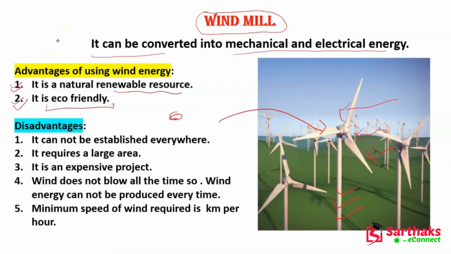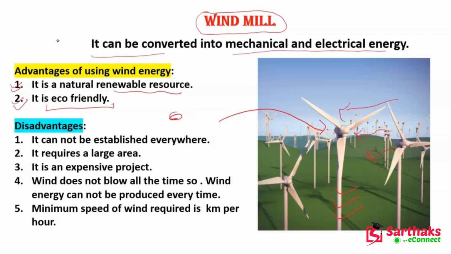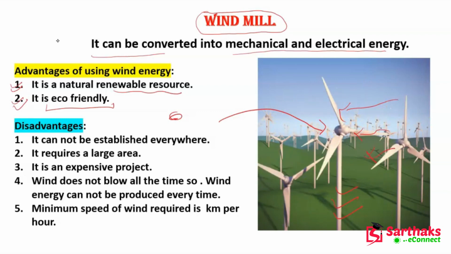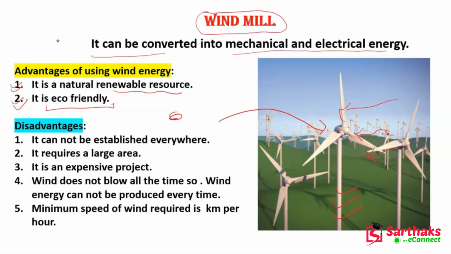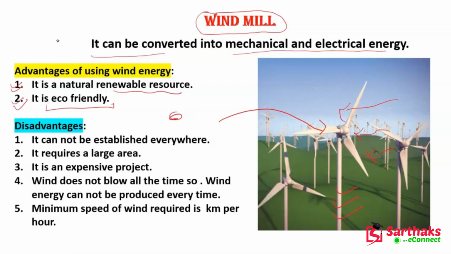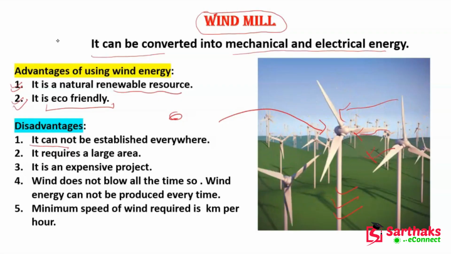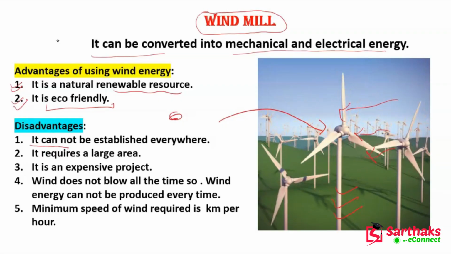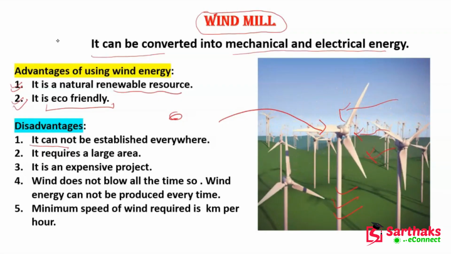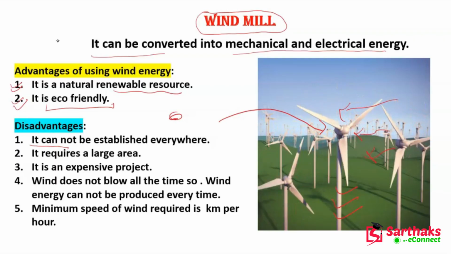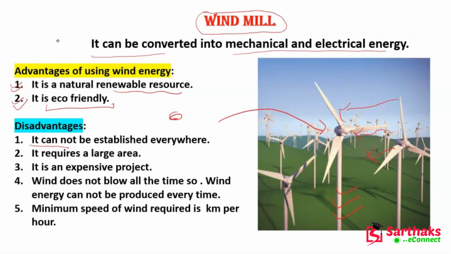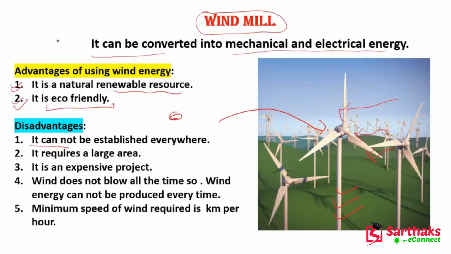Now guys, we will be talking about disadvantages. The first disadvantage is that it cannot be established everywhere, because it requires an area where the wind blows with a minimum speed. And what is that minimum speed?